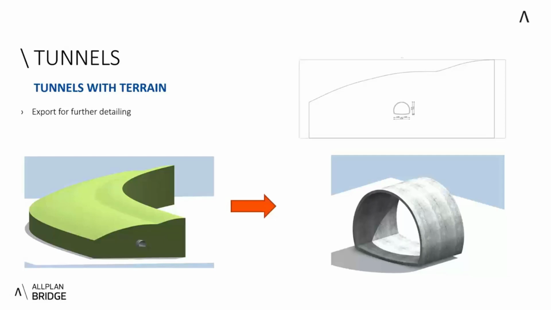The second way would be to export the whole model and just cut the 3D model. It depends on how it should look, but the parametric approach would be to use the construction schedule, because it will also adapt to any change that happens to the alignment or to the geometry.